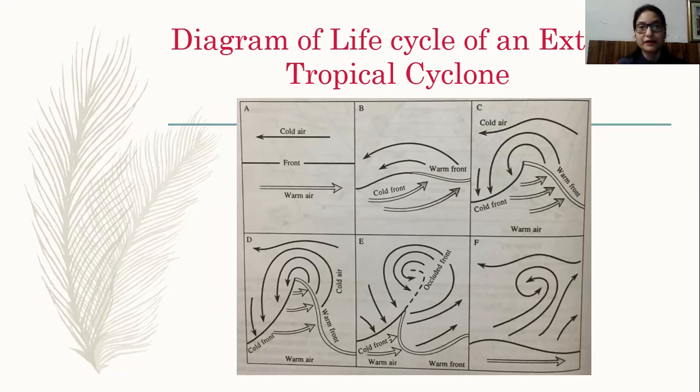But the cyclones can be of different impact, different speed, different sizes. They can be long, they can be elongated, they can be radial, they can be of polygonic type. So these are the different types of shapes of the cyclones, and the impact is generally of a destructive nature.